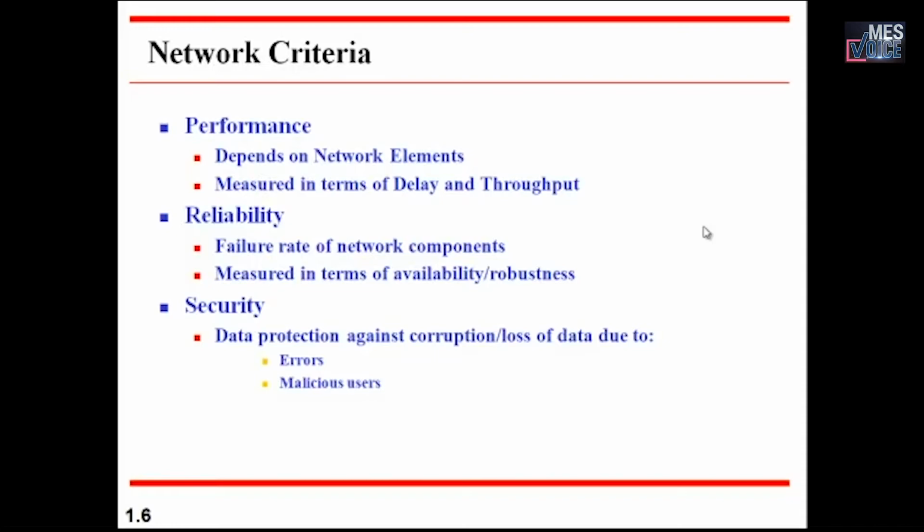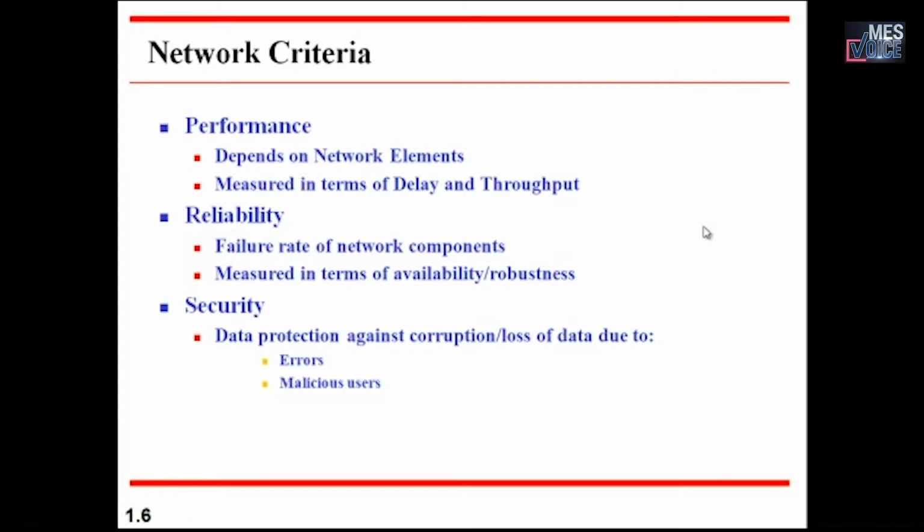It depends on the computers, the processing speed, the processing capacity of the computers, the bandwidth of the transmission medium, the traffic in the network, and a lot of other criteria. It is measured in terms of delay. How much time does it take for one message to get to the destination, and the throughput.